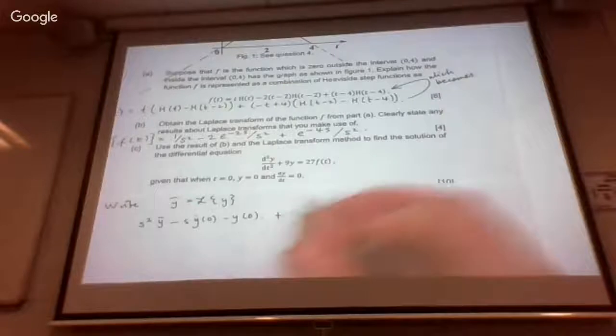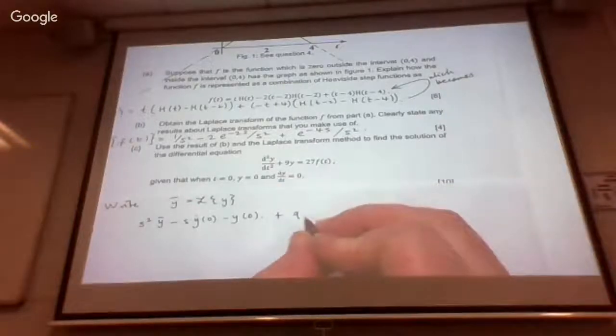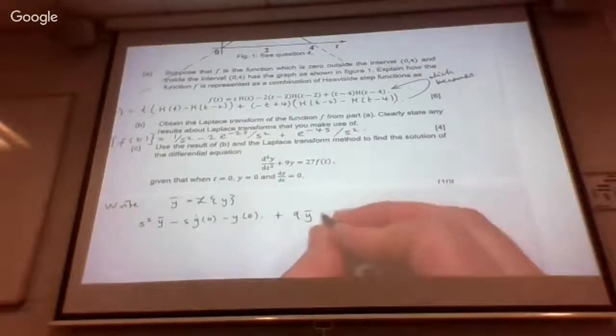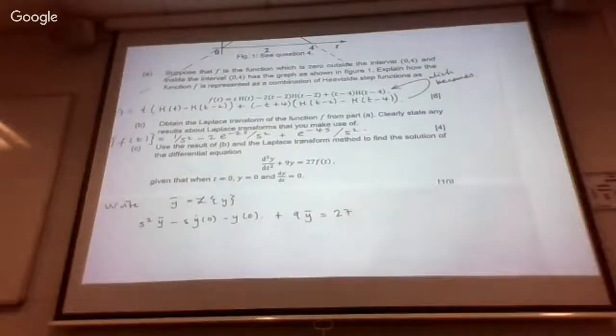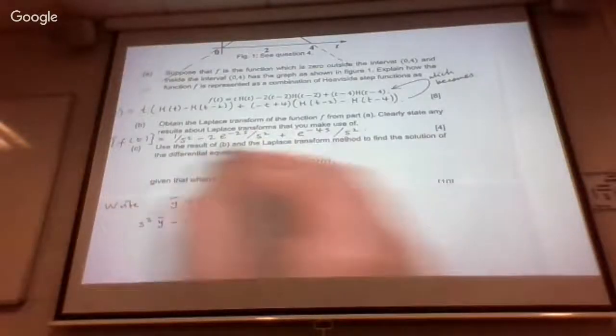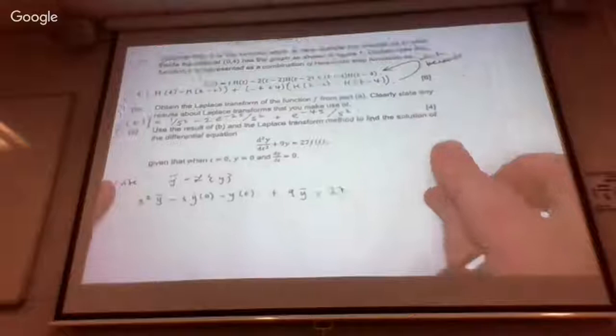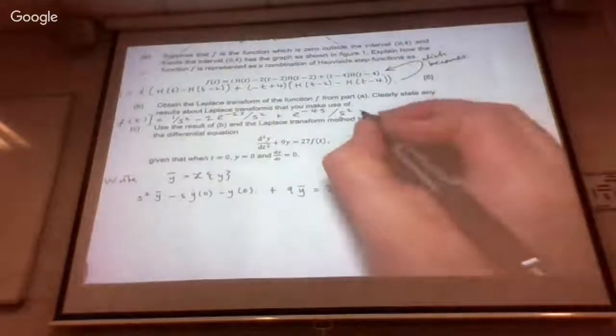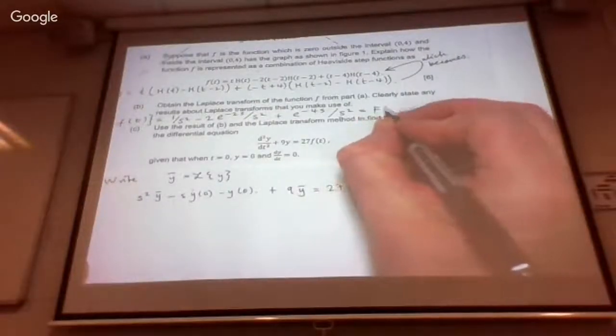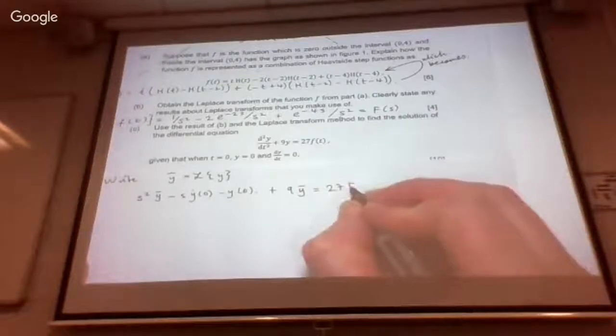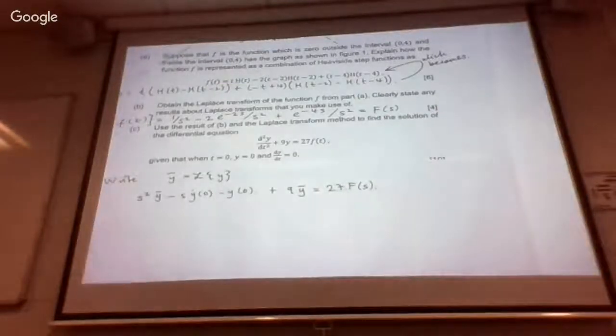That's a bit simpler now because we don't have a first derivative, so we just go straight to plus 9y, and that's going to be 27 times this expression here. Let's call that expression capital F of s, so there's no need to keep reproducing it.